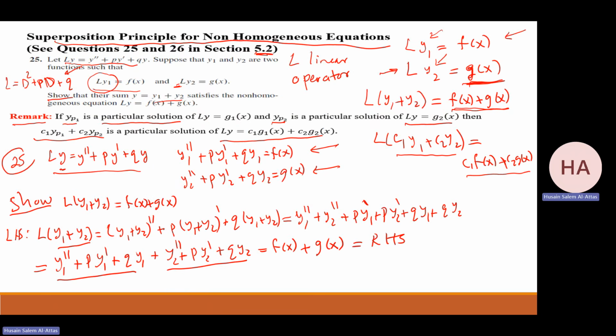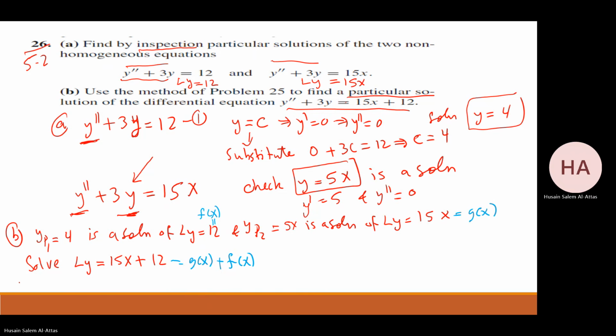So according to the superposition principle, if Ly1 equals f of x and Ly2 equals g of x, so y1 is for f and y2 is for g, what will be for f plus g? y1 plus y2. So right away, my solution is yp1 plus yp2, since I have g plus f.